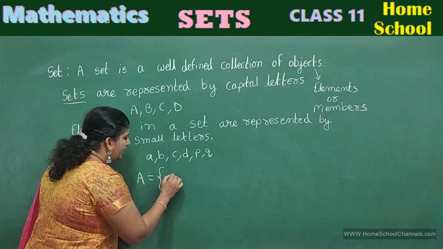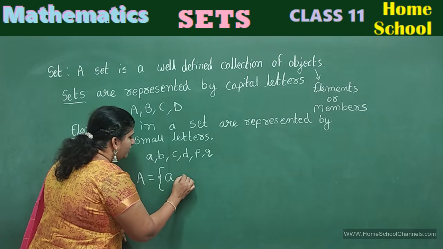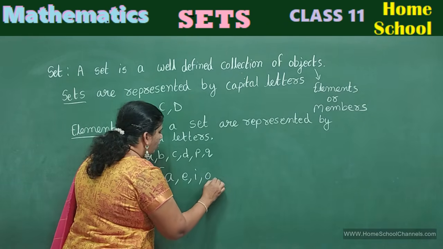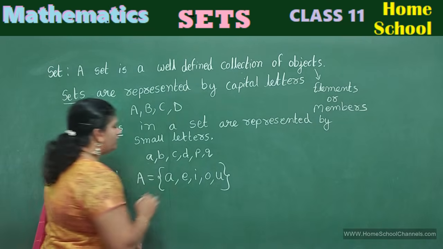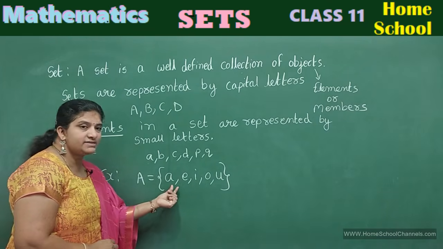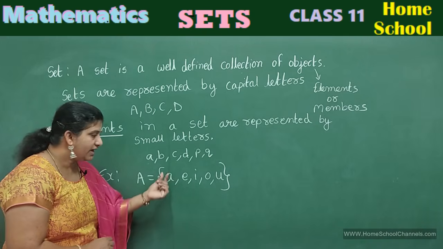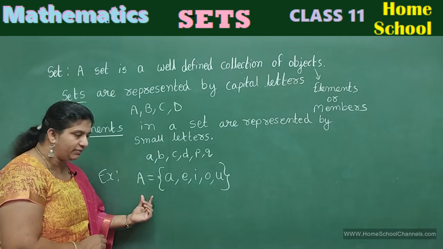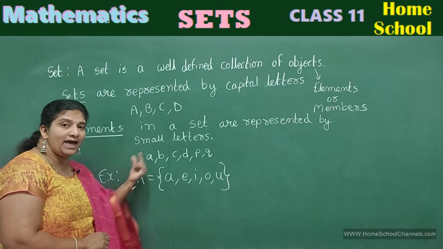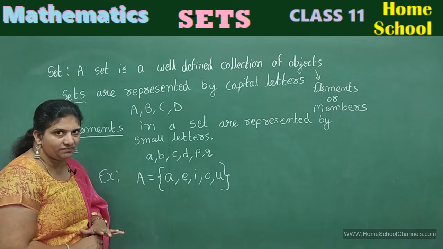Suppose I take a, e, i, o, u. Right? a is an element of set A. How do you say this? a is an element of capital A. e is also an element of set A.